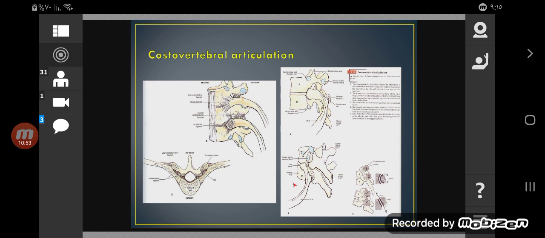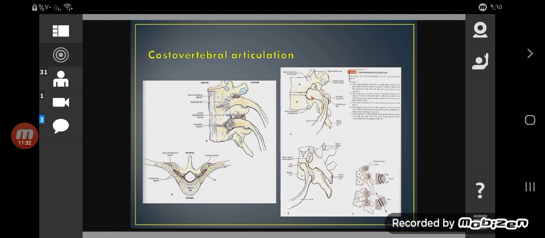For example, if you consider this rib is the seventh, the head's superior articular facet articulates with the body of T6, and the inferior with T7, as you see in this picture.